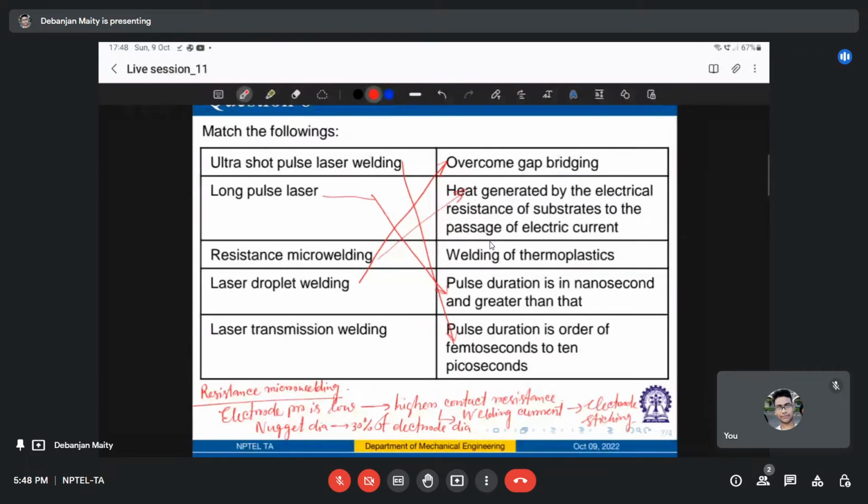The basic principle of this joining method is initially passing or transmitting a laser radiation through one piece of plastic to create a weld.